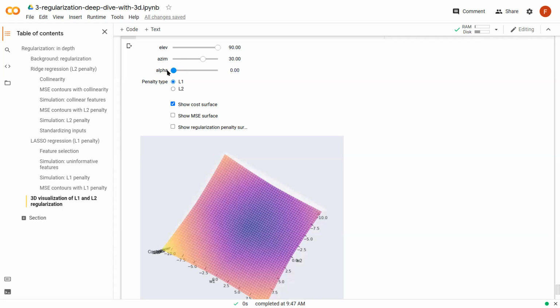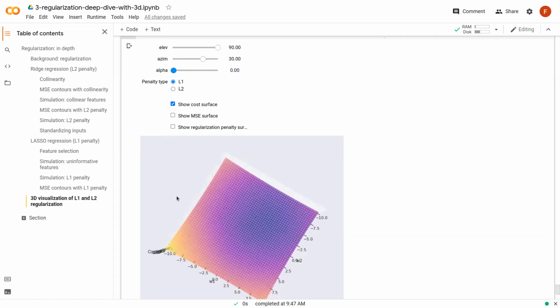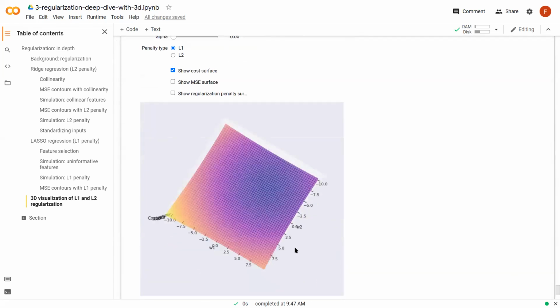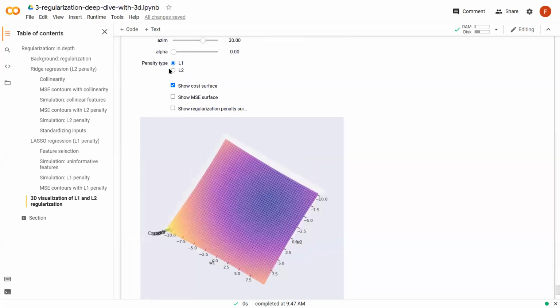Originally with alpha equals 0, from this overhead view, we can see how the lowest point in the cost surface changes. With no regularization, the optimal point is over here. I set it to, let's check, 3 and -4. So the optimal point is here at 3, -4. That's where it's most purple.